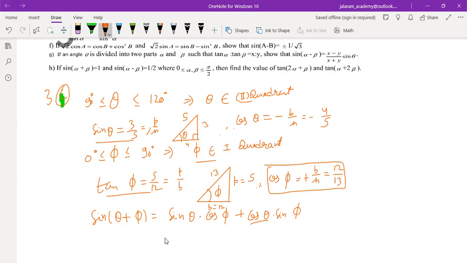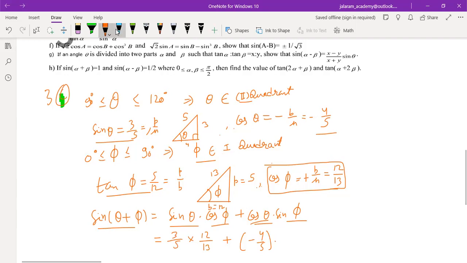Now use these values in the given equation. Sin of theta plus phi equals sin theta cos phi plus cos theta sin phi. So the value of sin theta is 3 by 5 into cos phi, 12 by 13, plus cos theta, negative, minus 4 by 5 into sin phi.